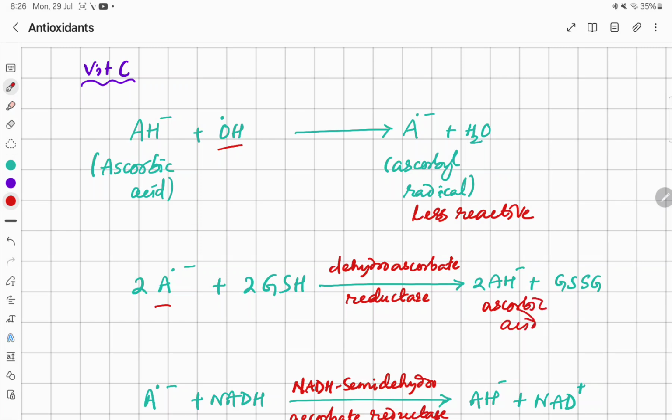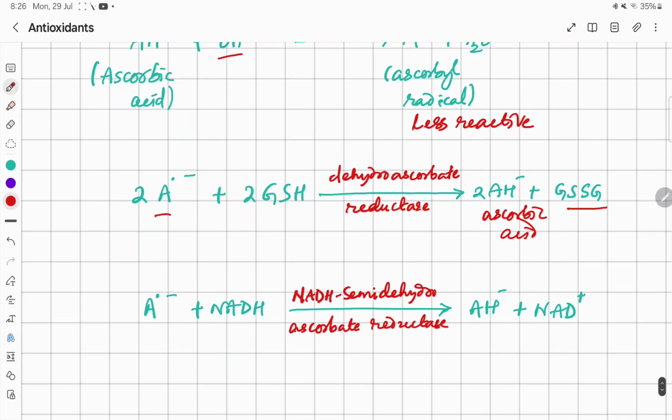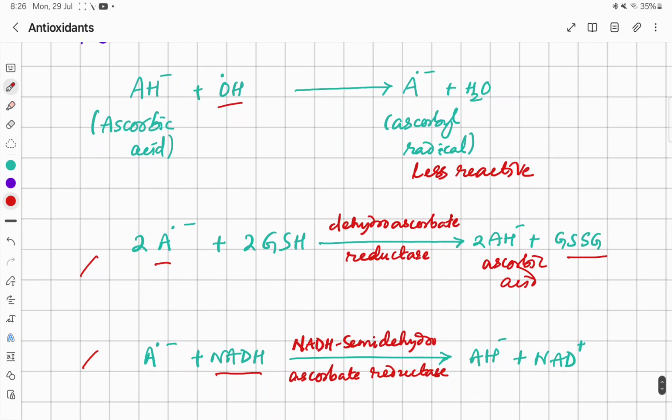Glutathione in presence of dehydroascorbate reductase is converted to glutathione disulfide. And ascorbyl radical can also be converted to ascorbic acid by semidehydroascorbate reductase in presence of NADH. So these are the two mechanisms by which ascorbic acid can be regenerated after acting as an antioxidant.